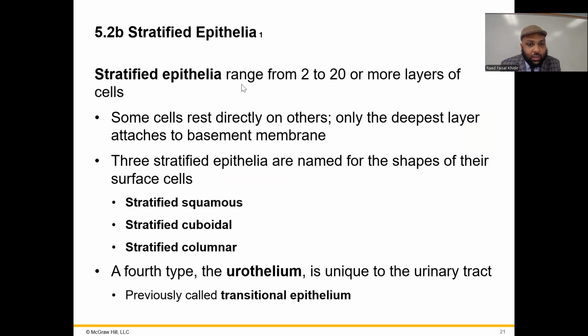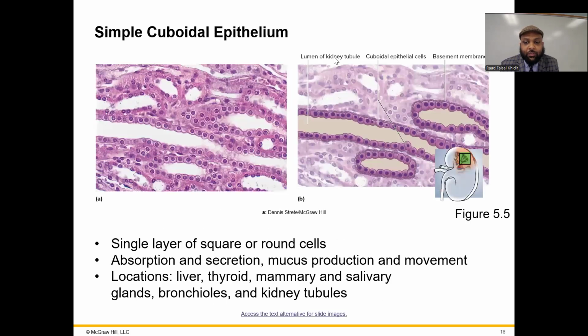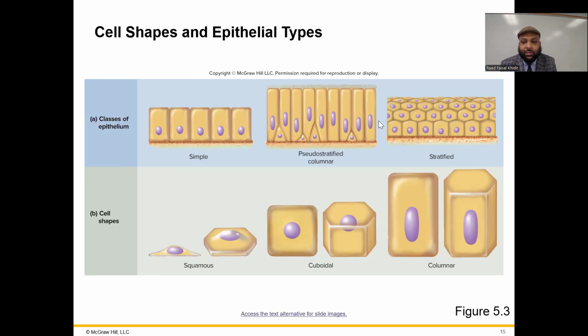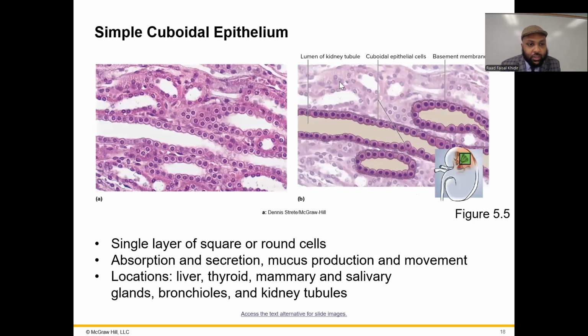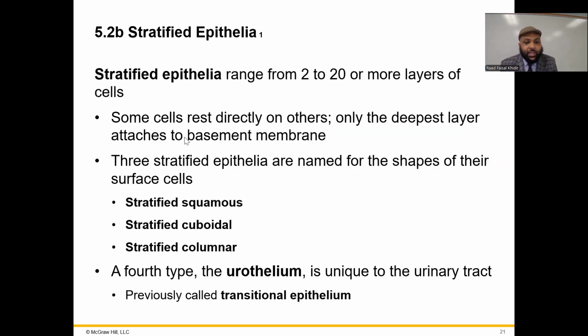See, these are the stratified, and they have many layers because they are laying on top of each other, sometimes about 20 layers. Some cells rest directly on each other, and only the deepest layer attaches to the basement membrane.